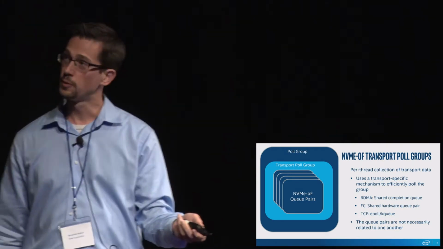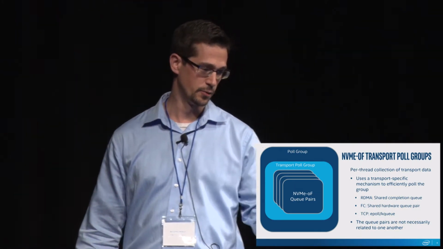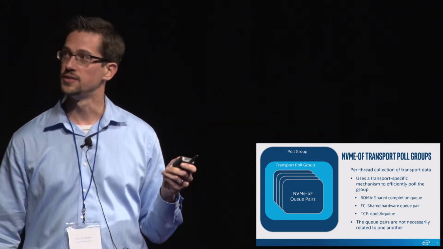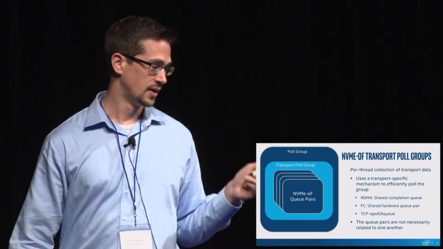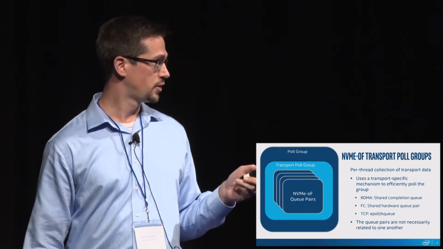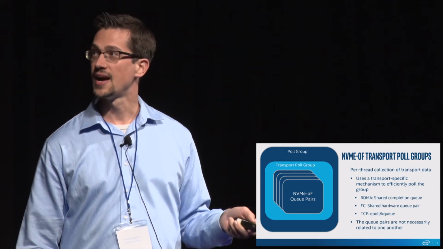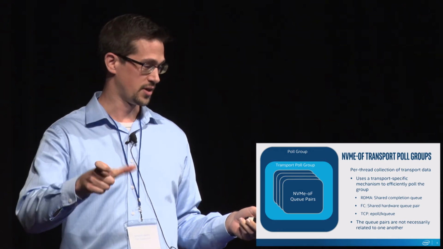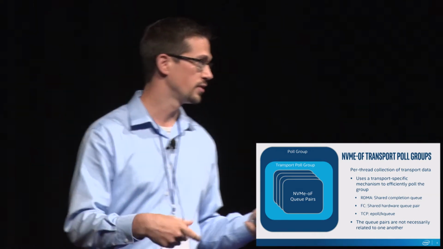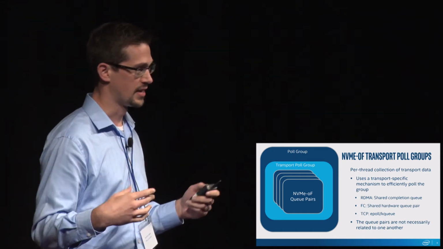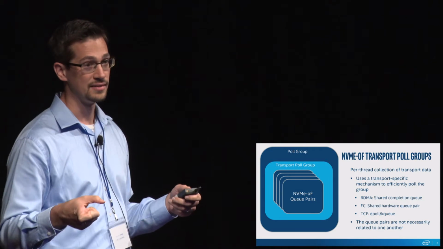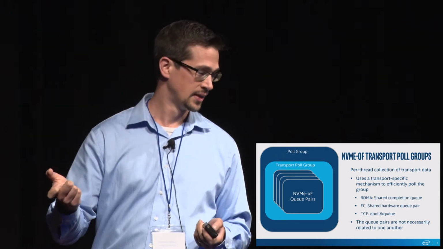Okay, so the transport poll group, which we just saw was inside the poll group, is a collection of NVMe Fabrics Q pairs. This is the part that is important for scaling connections. An NVMe Fabrics Q pair is defined as, for an RDMA queue, an RDMA Q pair. For a Fibre Channel transport, it's a Fibre Channel connection on a particular hardware Q pair. For TCP, it's a socket. It's 1 connection.